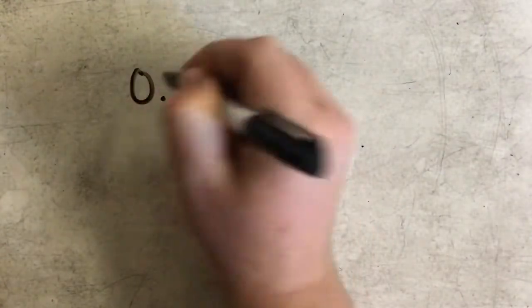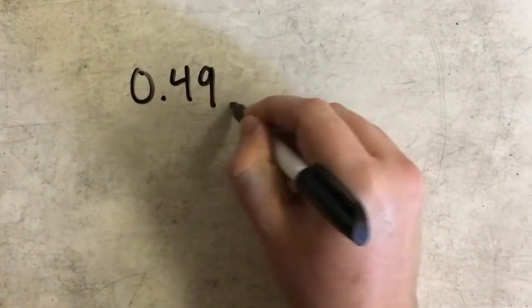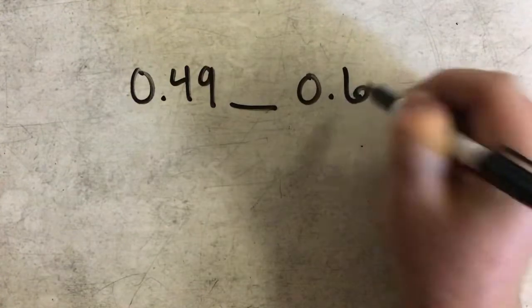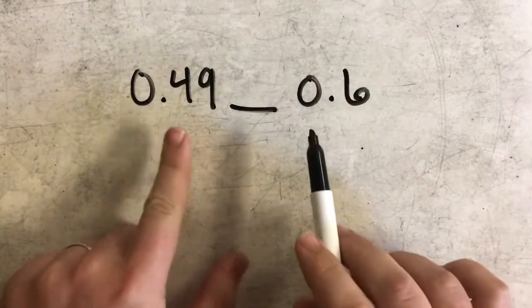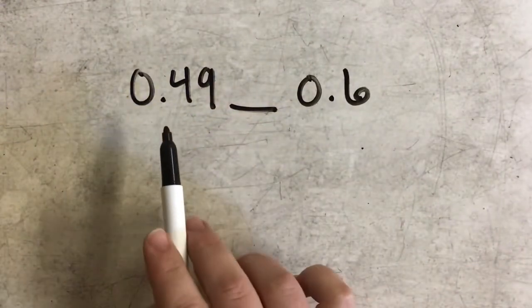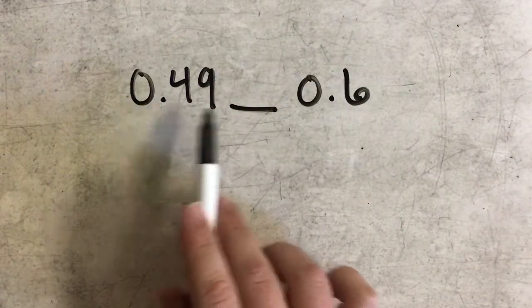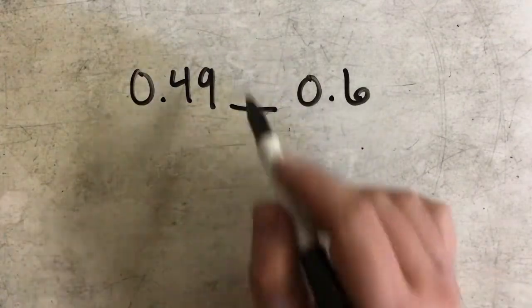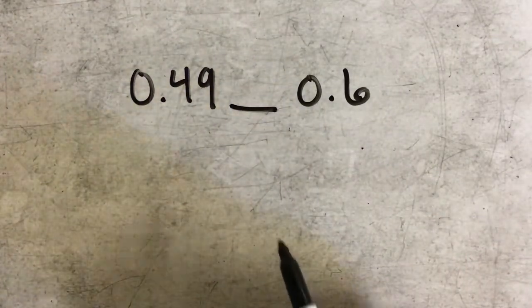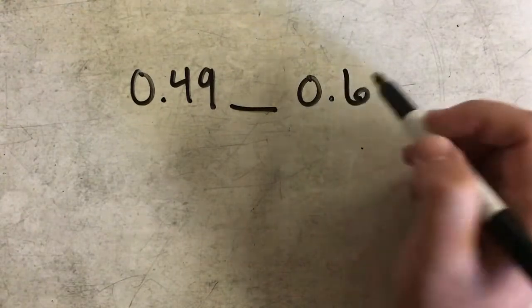Another example here. Here I have hundredths, and I'm comparing hundredths to tenths. Just by looking at this, we can't just say, oh, well, this number is 49 and this number is 6, so 49 is larger than 6. Instead, we have to continue to line up the decimal point.